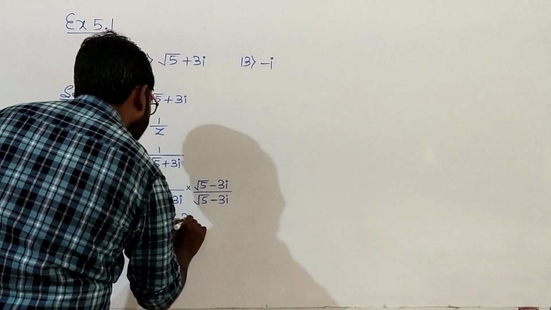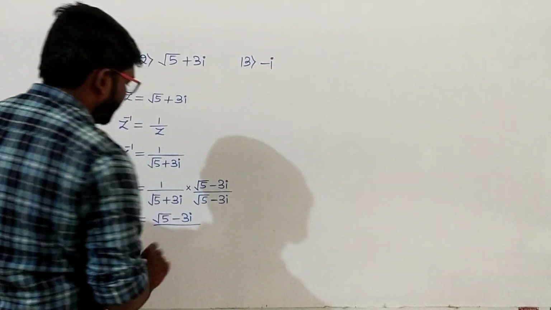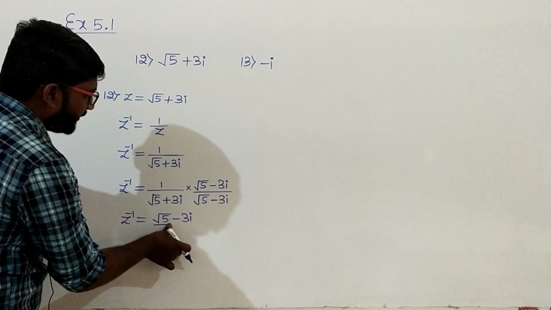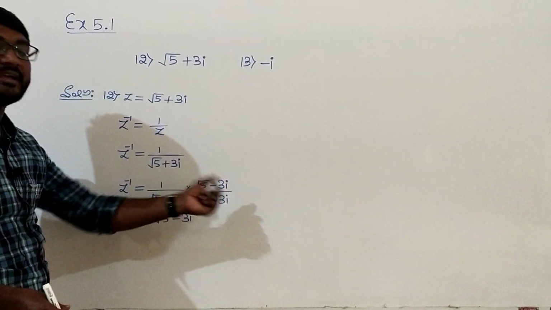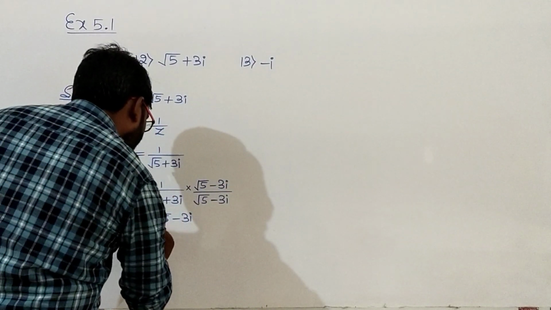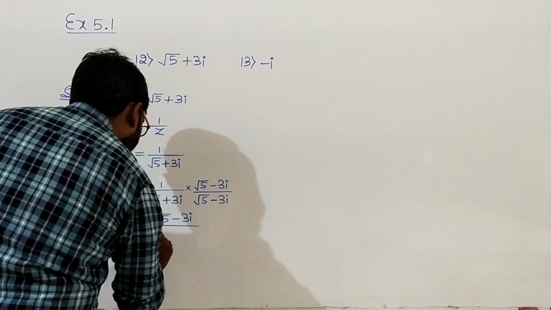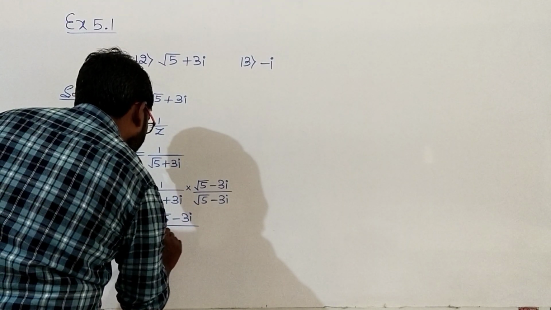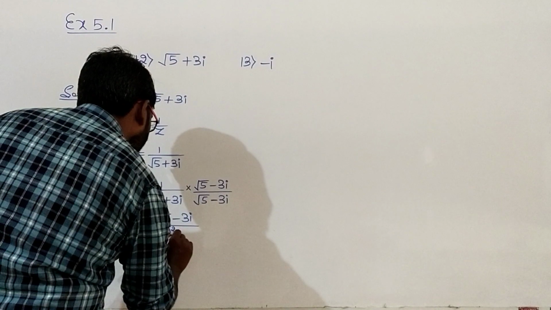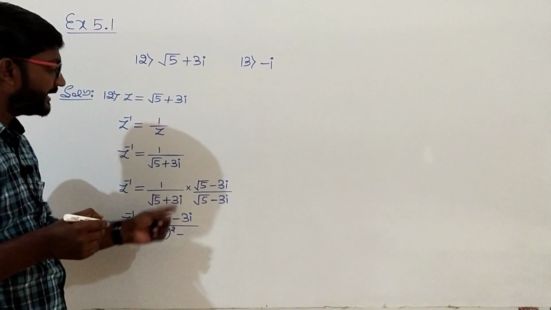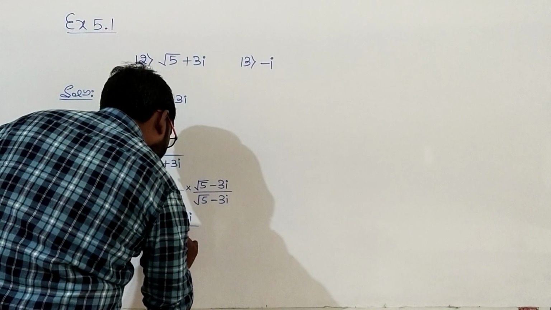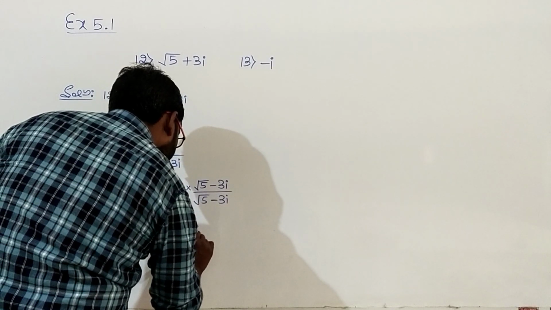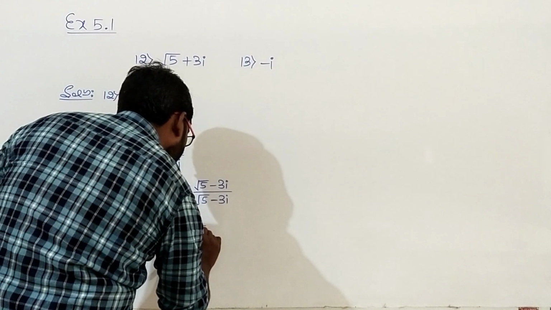So now z inverse is 1 into this term, it is root 5 minus 3i, divided by, the denominator is in the form of a plus b into a minus b will be a square minus b square. So a square it is root 5 the whole square, minus b square, that is 3i the whole square.